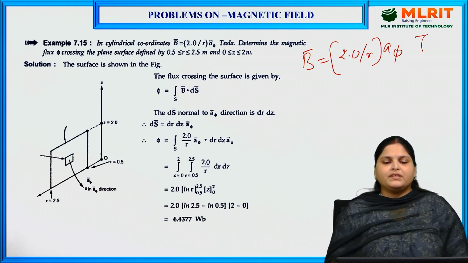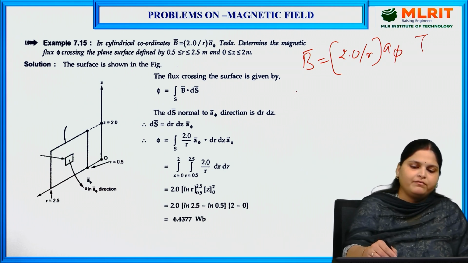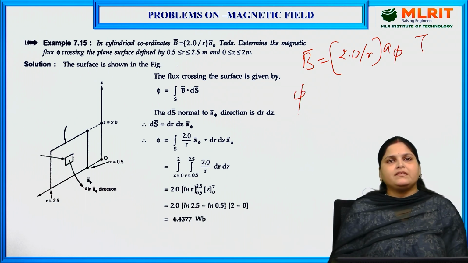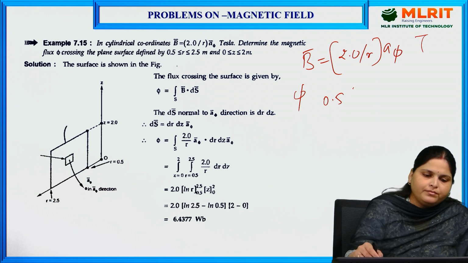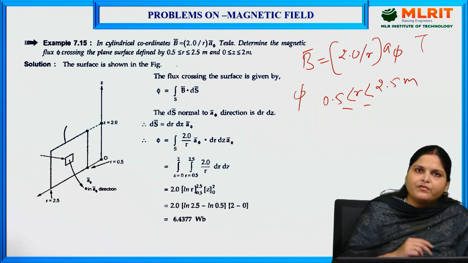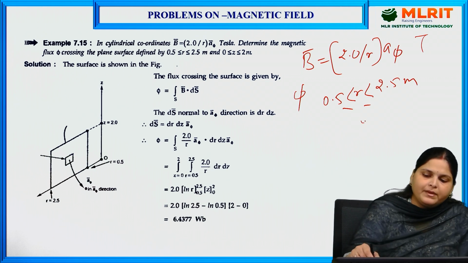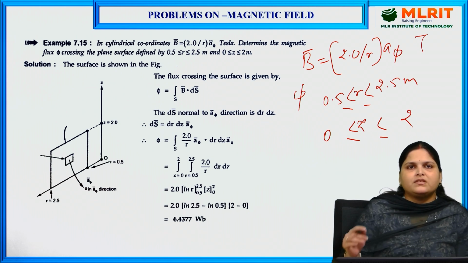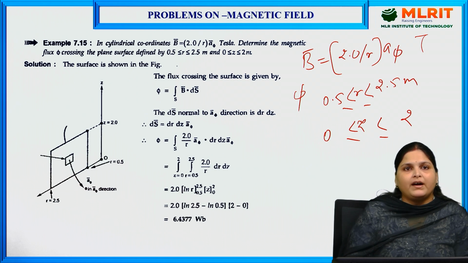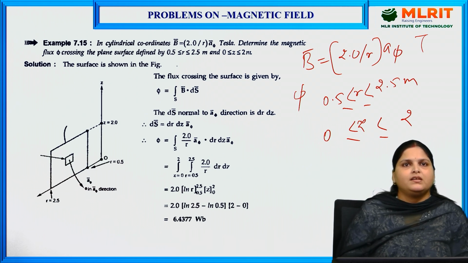Here we need to determine the magnetic flux phi crossing the plane surface where r extends from 0.5 to 2.5 meter, and z extends from 0 to 2. So this surface is defined by r and z, meaning it is a phi constant surface, because we are again considering the cylindrical coordinate system.